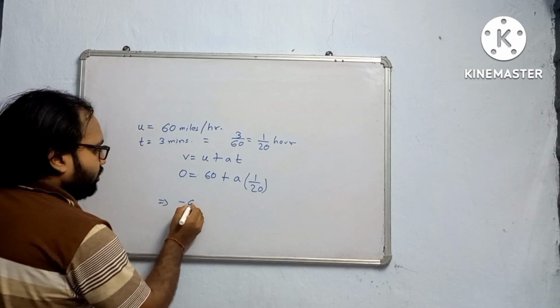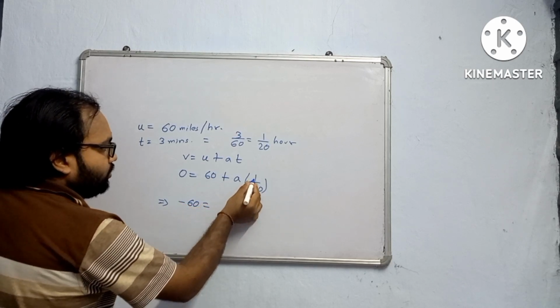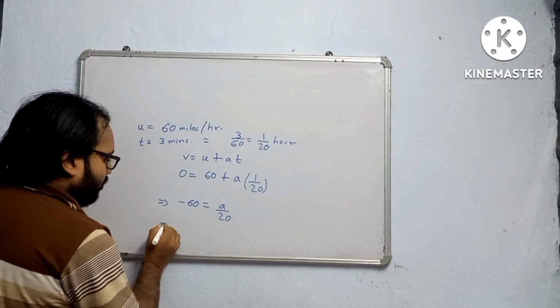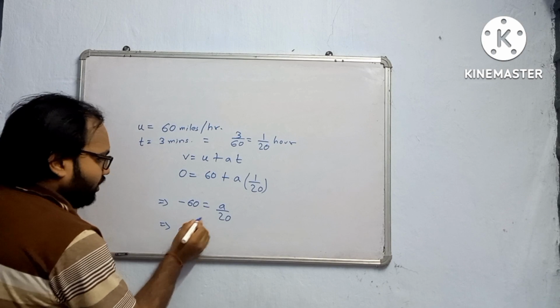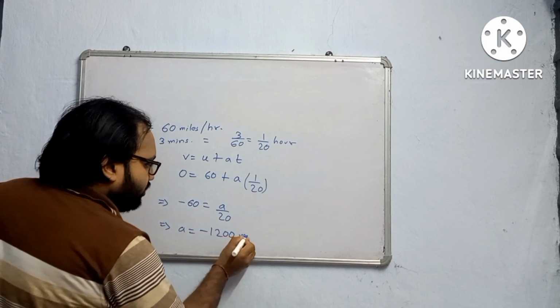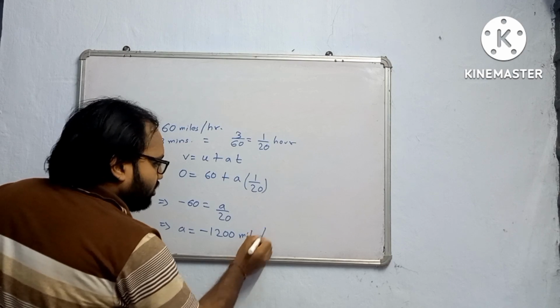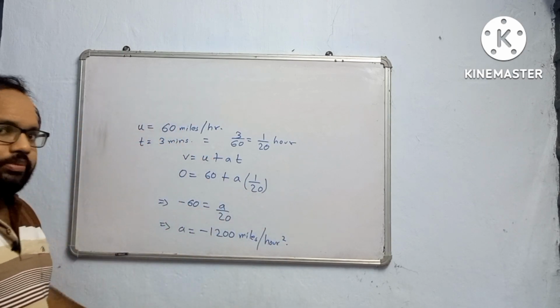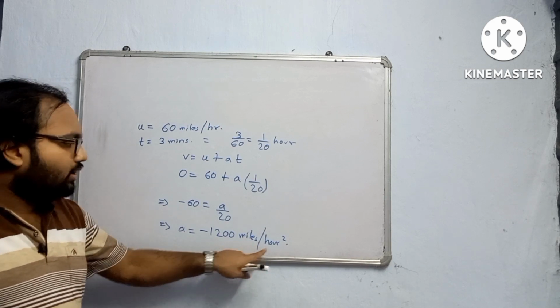Minus 60 is equal to a by 20, or acceleration is coming out to be minus 1200 miles per hour square. It is meter per second square normally, but here we have taken miles and hour.